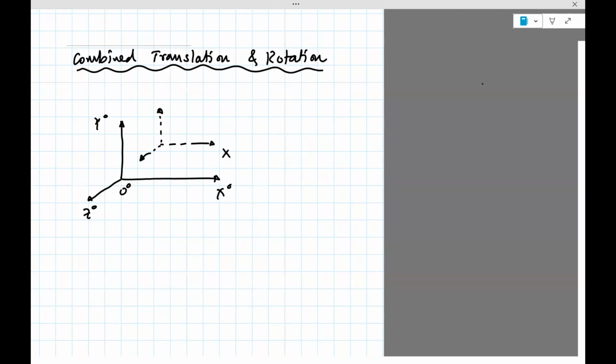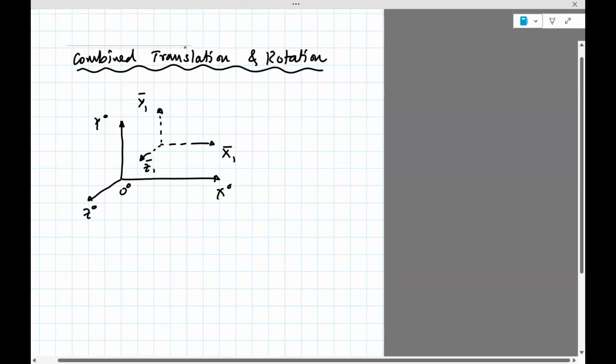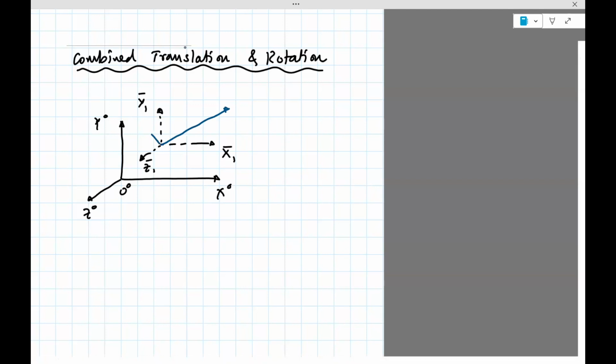Let's just call it X1 bar, Y1 bar. I could have called it 1 and then the second one 2, but let's just call it bar, so that way we don't have to worry about having another name for it. So that's what moves, and then it rotates.